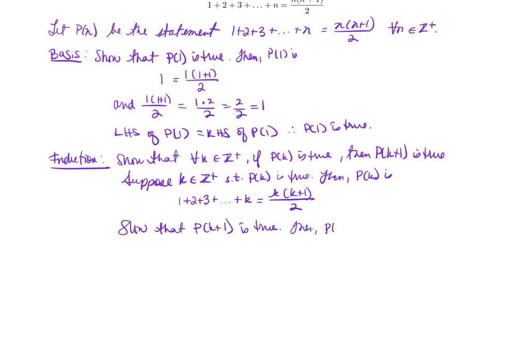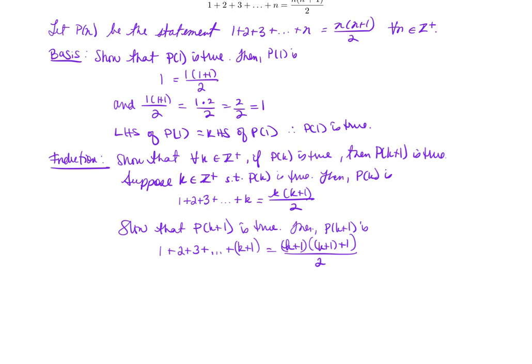P of k plus 1 is, and that means we're showing that 1 plus 2 plus 3 plus all the way up, our sum all the way to k plus 1, is equal to k plus 1 times k plus 1 plus 1, all over 2. So we must show that this is also true. The way we're going to do this is we're going to work with one side of this equation at a time. So the left-hand side of P of k plus 1, and then the right-hand side of P of k plus 1.